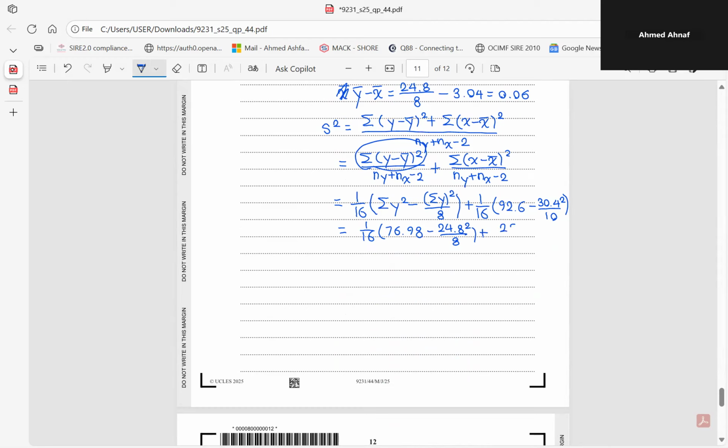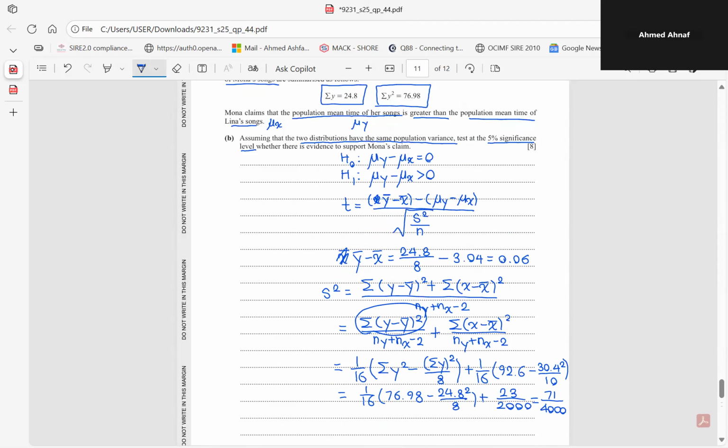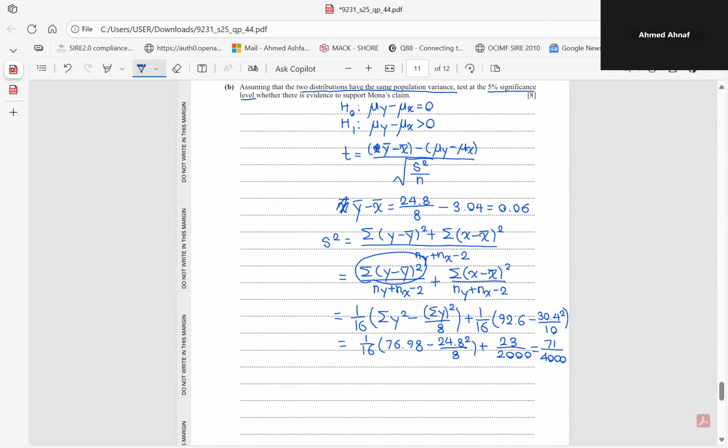This is 23 over 2000. And this whole thing is equal to 76.98 minus 24.8 squared over 8. You get 71 over 4000. So this is our sample variance.